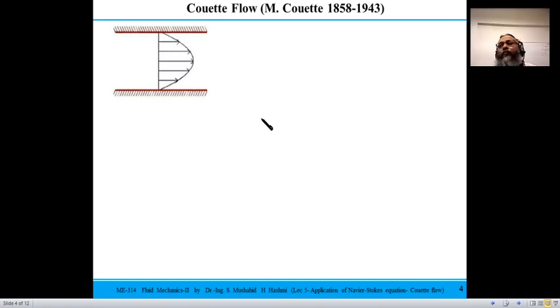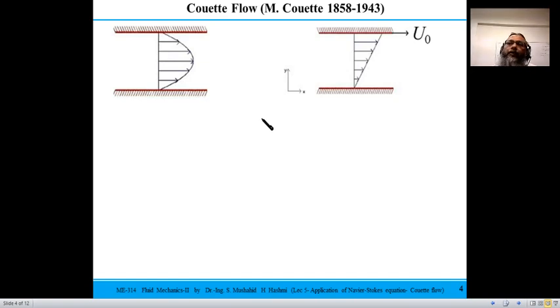Okay, now we have the same two plates, but the bottom plate is fixed, and this time the top plate is moving. So what we expect is the layer in direct contact with the top plate would be moving with the same velocity as the top plate, and here u0 is the velocity of the top plate.